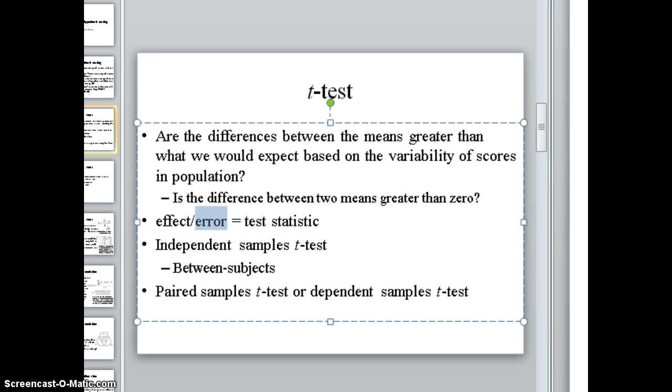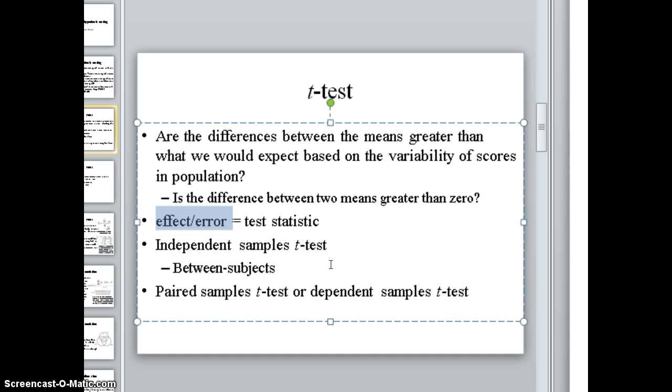In the case of an independent samples t-test, the difference in the group means is scaled by the sum of the variability of the two groups. So in the independent samples case, we would have two sources of error in our denominator, one for each group.